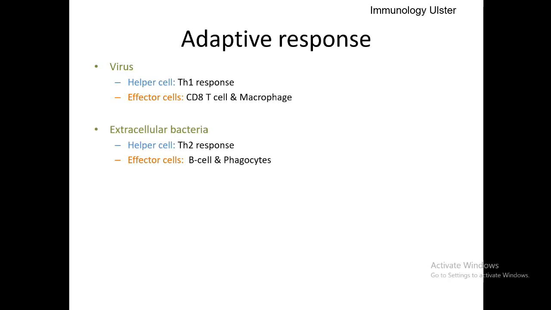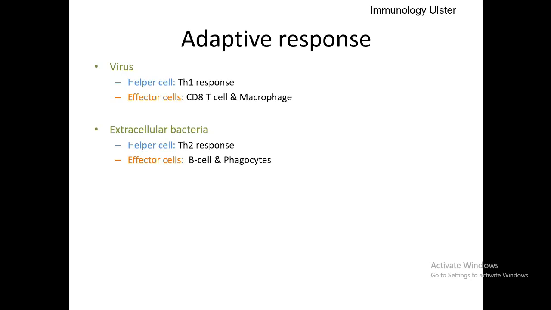Okay, now if we have an extracellular bacterial infection, or if we have an extracellular pathogen present, then what we require is a helper T cell, of course, again, and in this case it will be a Th2 helper T cell. Okay, and the effector cells that this Th2 helper T cell will provide help to are B cells and phagocytes.